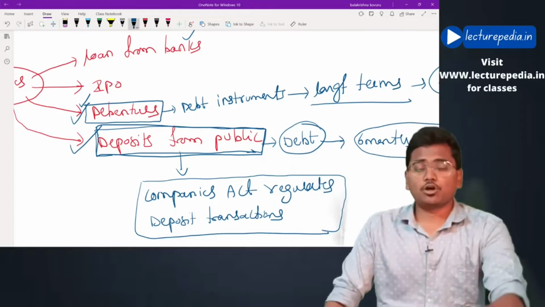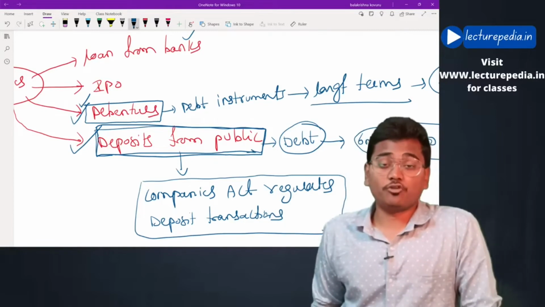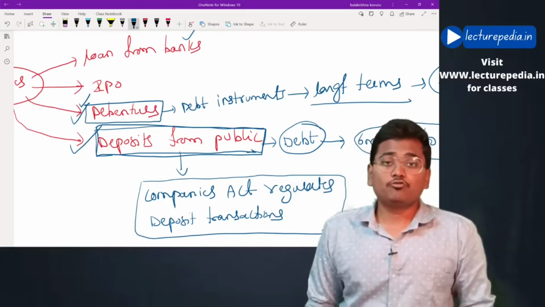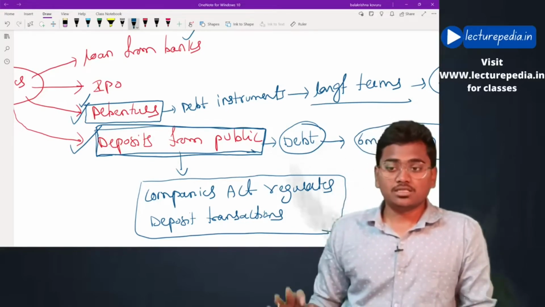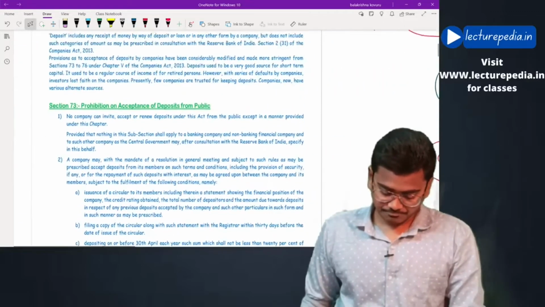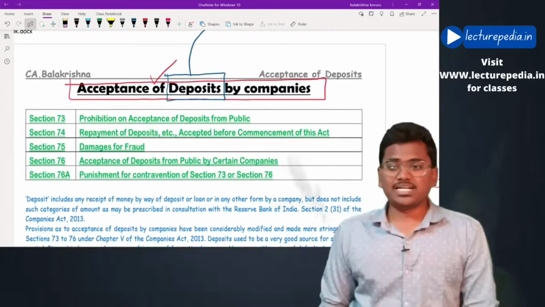It will also specify various regulations and provisions that have to be followed by the companies that are raising deposits. All those we will be discussing in our chapter. Hope this is clear. This is what we will be discussing in our chapter of acceptance of deposits by companies.